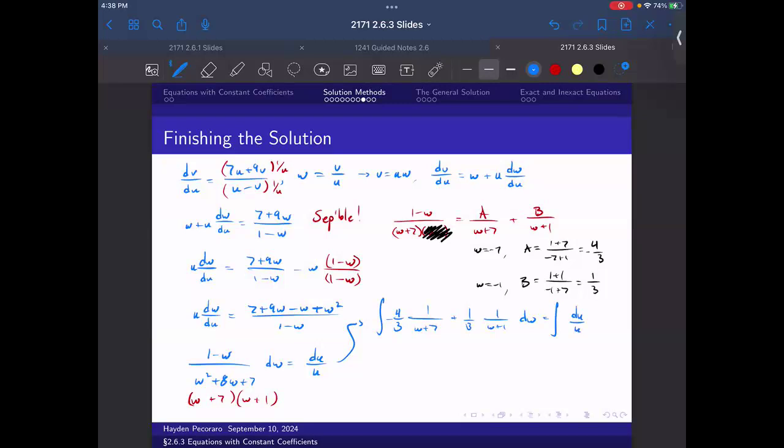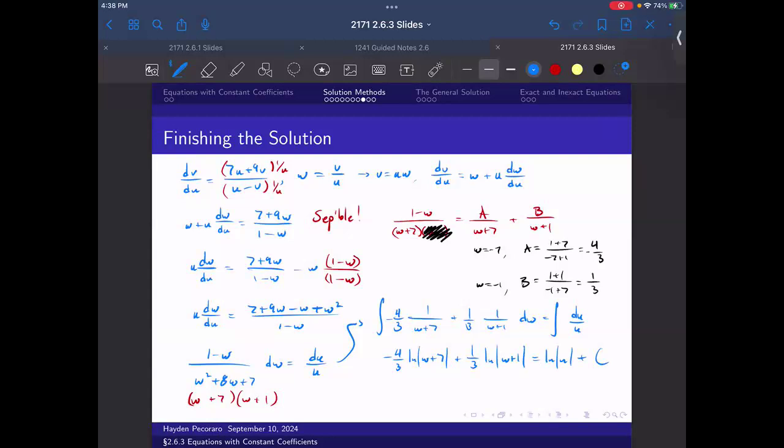Those are pretty easy ones to do. Do a quick substitution if you want to, but we get -4/3 natural log absolute value of w + 7 plus 1/3 natural log absolute value of w + 1 equals log absolute value of u plus c.